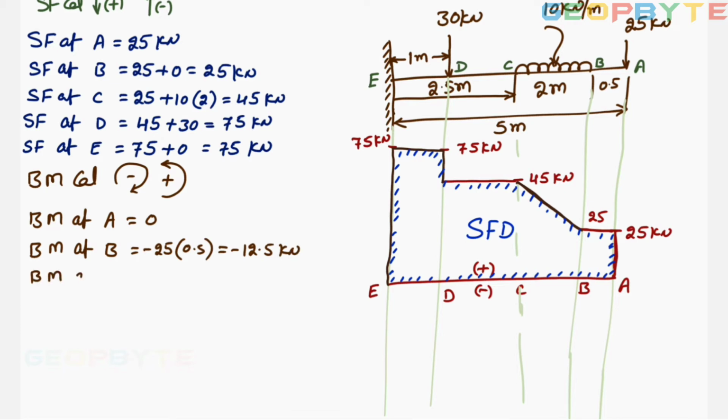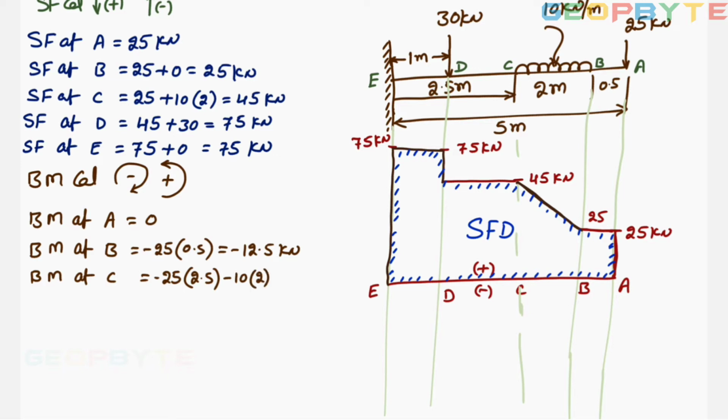Similarly, the BM at C. Just count how many loads are there before C. One point load, one UDL. First let us decide the bending moment due to the point load, that is 25 kilonewtons. It is minus 25 multiplied by the distance up to C, which is 2.5, minus the effect of UDL, 10 into 2.